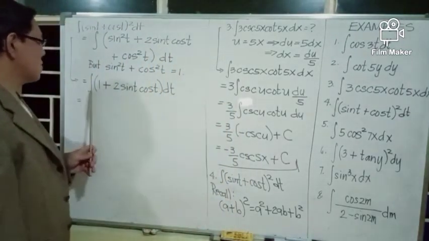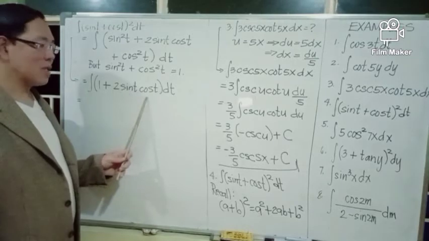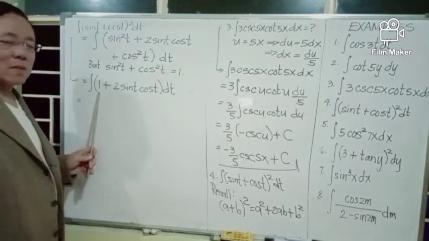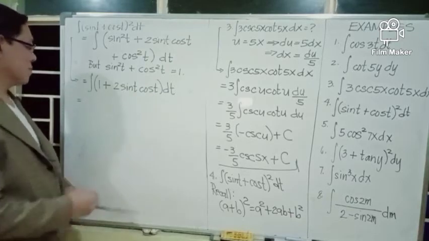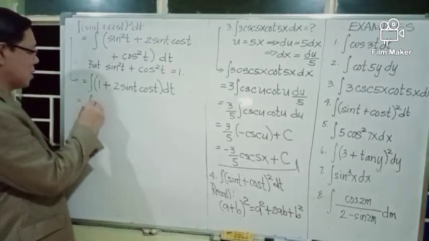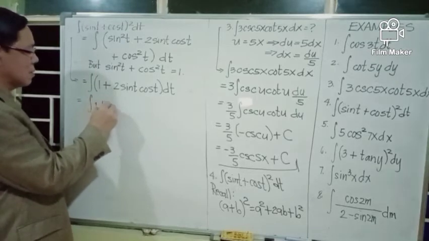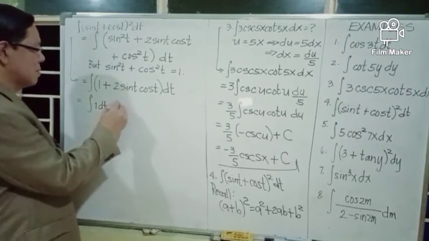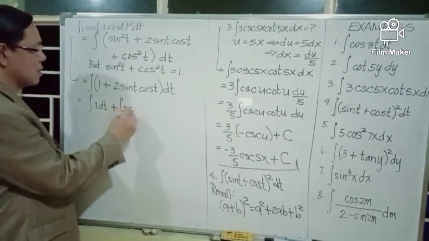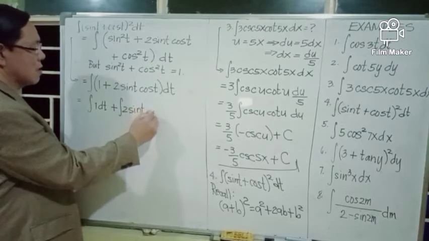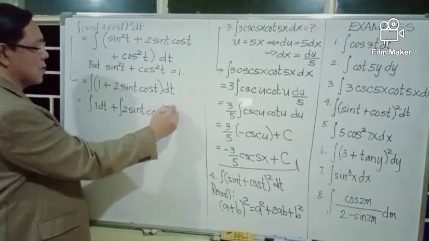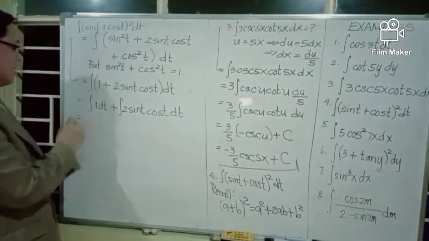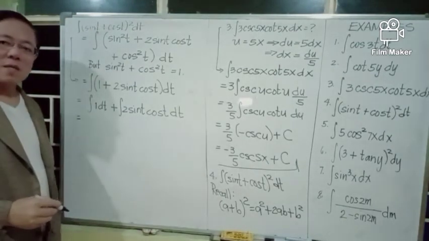Hence, the integral of 1 plus 2 sine t cosine t with respect to t is equal to the integral of 1 with respect to t plus the integral of 2 sine t cosine t with respect to t.